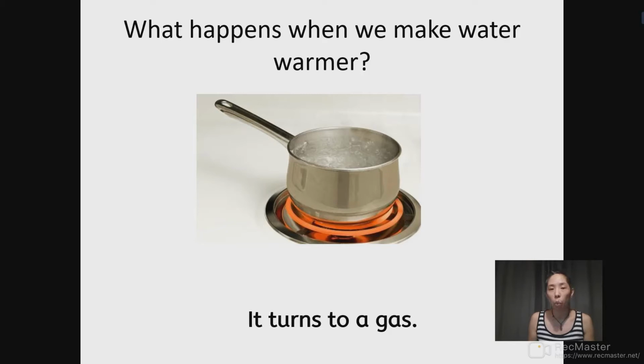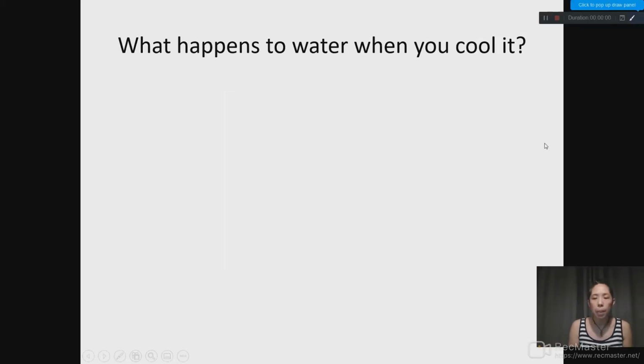So when we make water really hot, it turns into gas. Can you show me? Use your hand and you're going to make it rise like a gas. Well done.